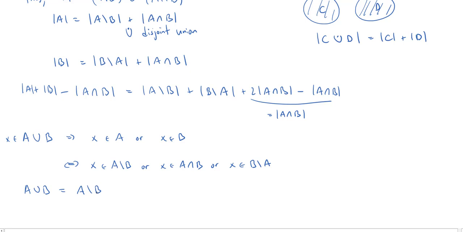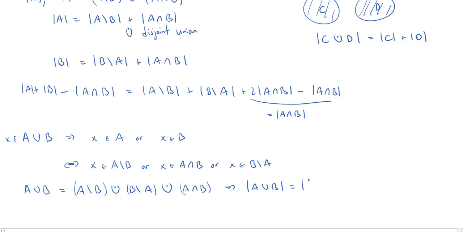It's either going to be in A but not in B, or B and not in A, exclusive or, or it's in A intersect B. Okay, so we'll put some parentheses to make it obvious what we're talking about. So A union B consists of elements which are in A but not in B, or B and not in A, or in both. And again, because this is a disjoint union, it's very easy to write down the size of the union.